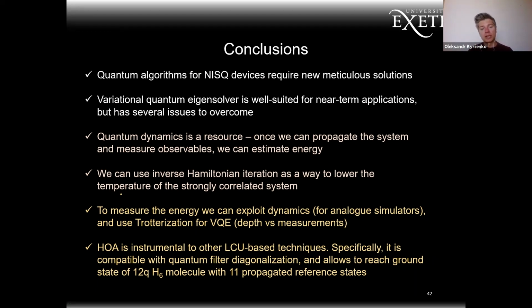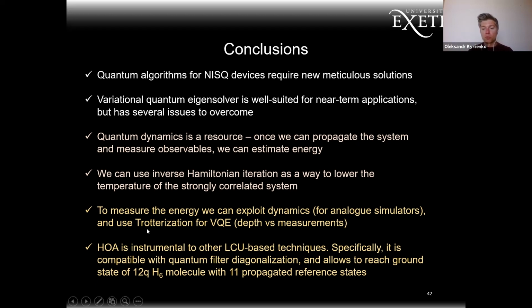We went in a slightly different direction by using dynamics as a resource and preparing the approximate eigenstate by inverse iteration or direct iteration. If you use analog simulators, that can work very well. If not, if you use Trotterization, that of course increases the depth of your circuit.